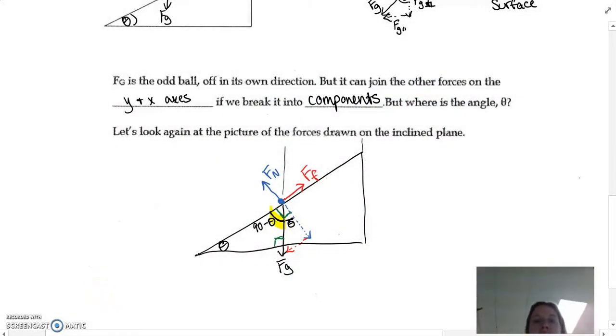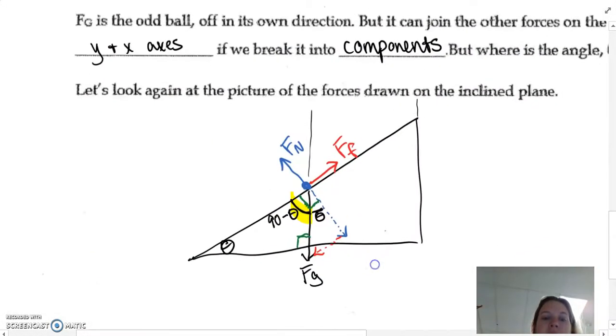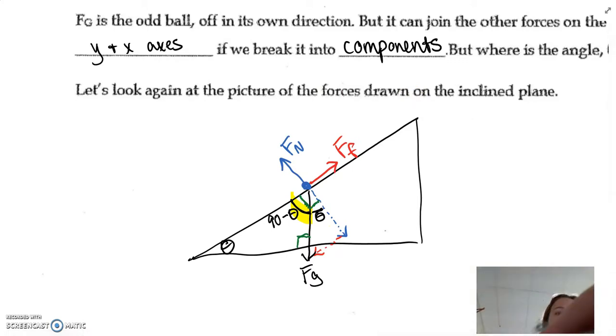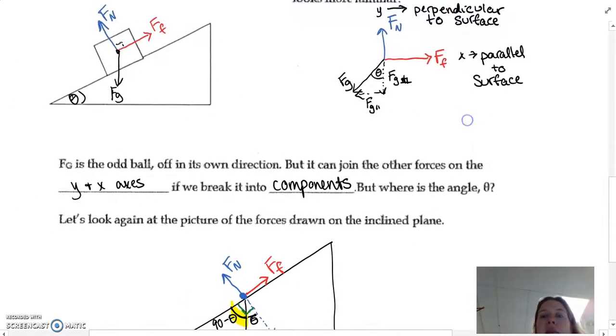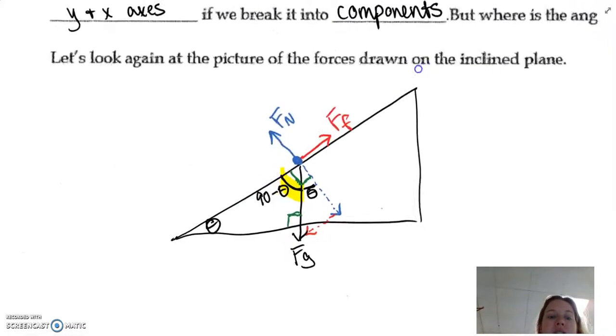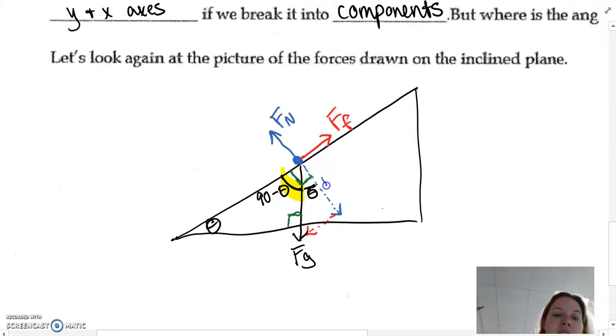So once you've identified that angle theta is the angle in question, we can find these two sides that I call FG perpendicular, so that's this component of the weight, and FG parallel.